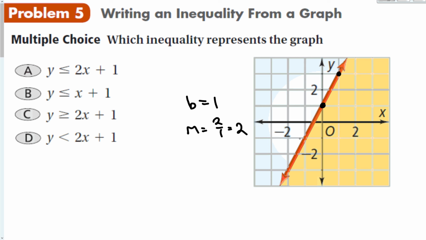The boundary line is solid, which means we are going to use an or equals at the bottom, and I'm shading below the line, which means it's going to be less than or equal to. So putting that all together, y is less than or equal to 2x plus 1, which is A.